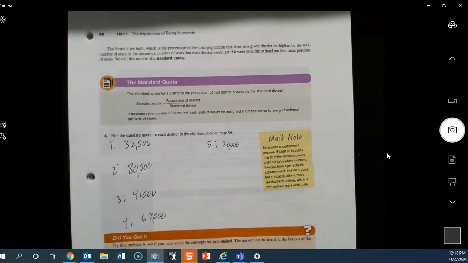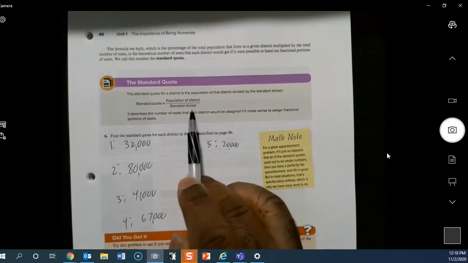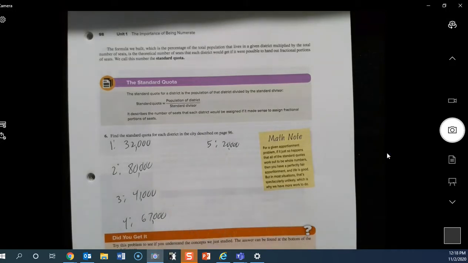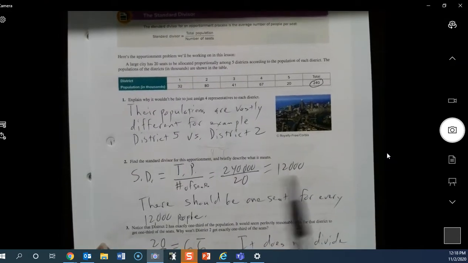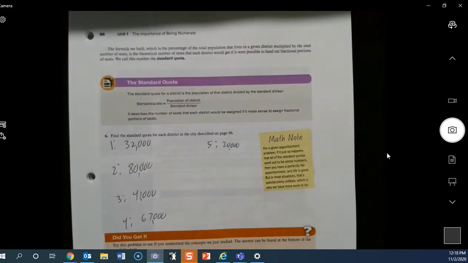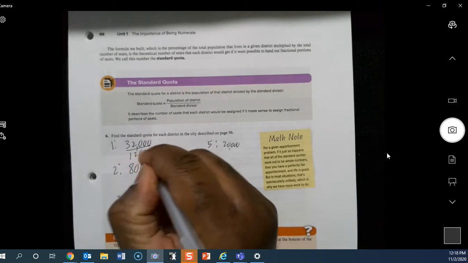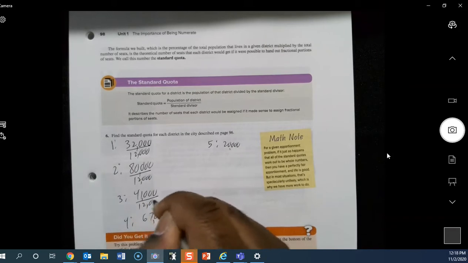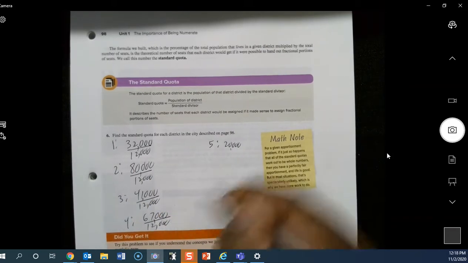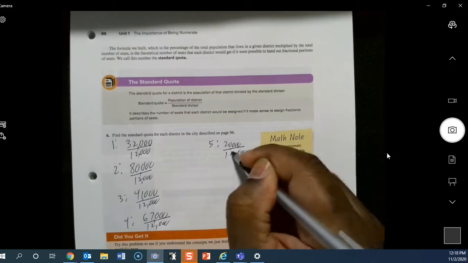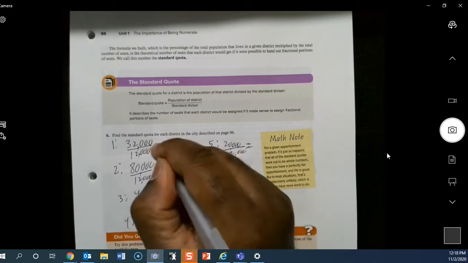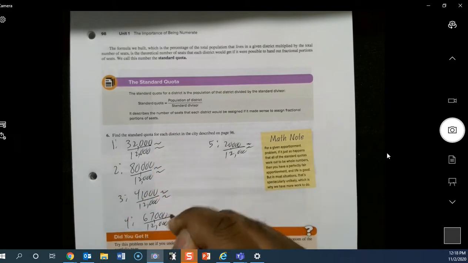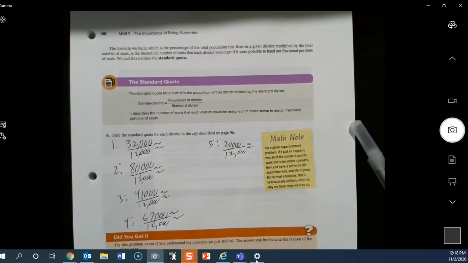Okay, now, they tell us that with this problem here, we have to divide by the standard divisor. We already found the standard divisor. When we go back here to problem number 2 on page 96, our standard divisor was 12,000. So we divide each one of these by 12,000. And we're going to do like we did with District 3. We're going to round to 2 decimal places for each one.